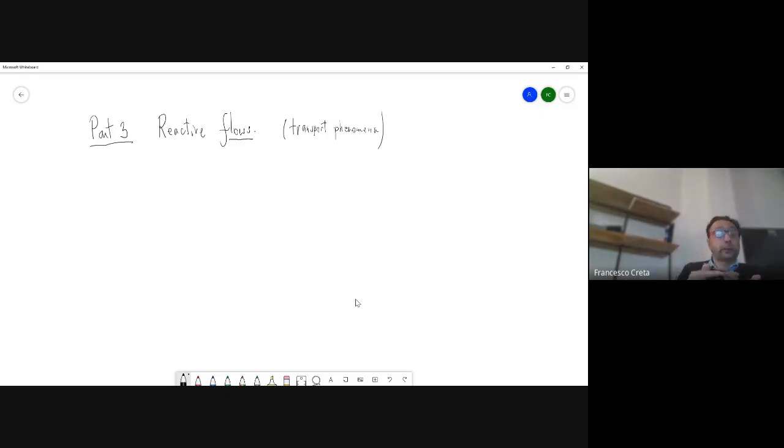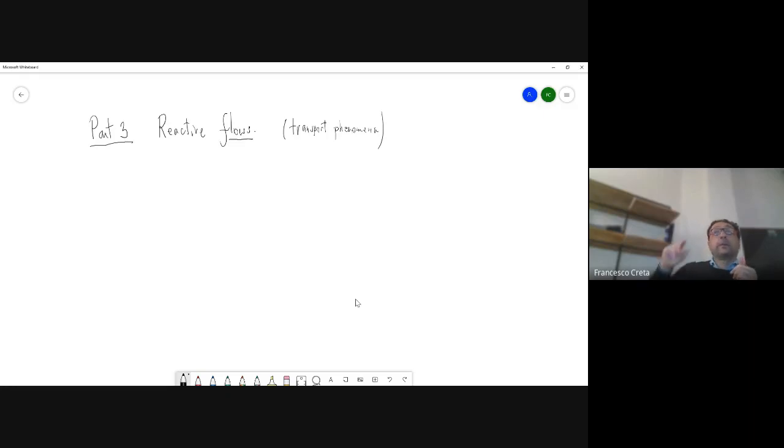So we're going to be dealing with non-stationary or transient phenomena that depend on time and space. And when we talk about space, we will be dealing with fields, mathematical entities that depend on spatial coordinates.